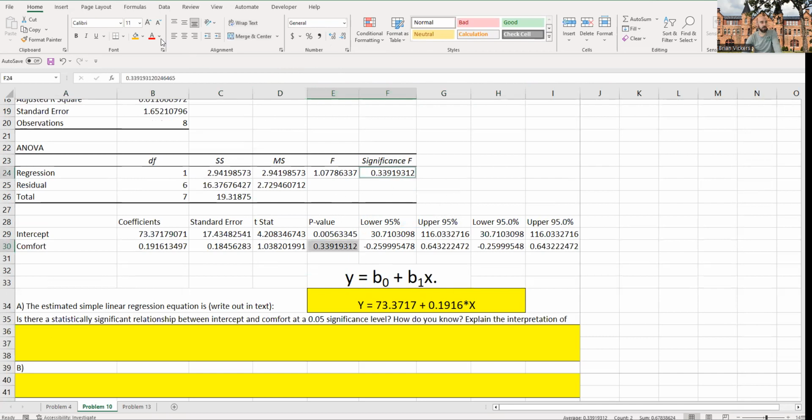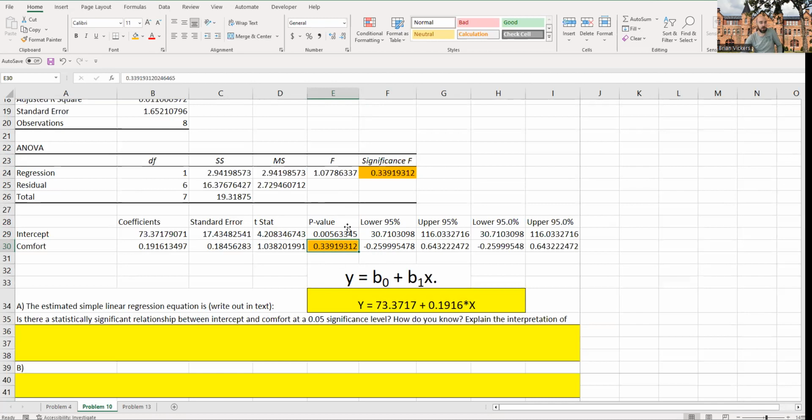Look at the significance F level. Again, it's going to be the same because we only tested one variable. In this case, it's not significant because it needs to be below 0.05. If you're testing at 95%, this needs to squeeze into the gap between 0.95 and 1, right? Between 95% and 100%, it needs to squeeze into that gap. That's how you can tell this is way above 5%.